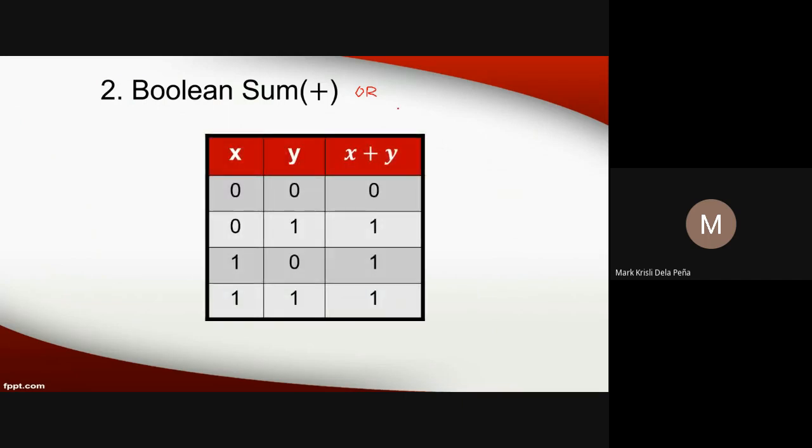And the truth table for an OR Boolean sum: if ever there is at least one variable that is 1, or true in logic, then the sum will always be equal to 1, except when all of the values of the variables are 0, then the sum of those variables is just equal to 0.